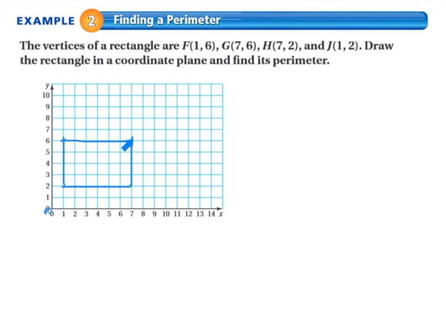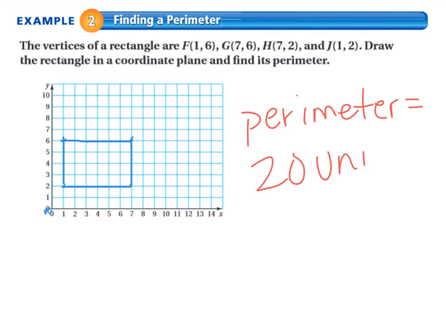I'm not counting the corners. 11, 12, 13, 14, 15, 16, 17, 18, 19, 20. So the perimeter is 20 units. Not squared this time, because we're not squaring these units, it's not area.